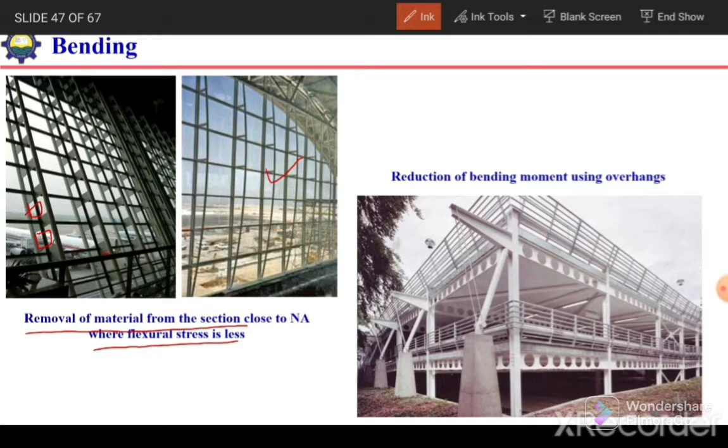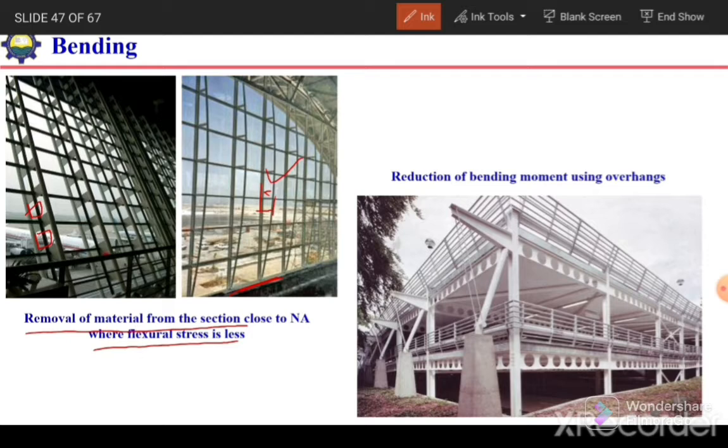At the supports the bending moment is 0, so we can reduce the depth, and as the bending moment keeps increasing toward the center, we keep the material away from the neutral axis. On the tension side, for steel, we can use a smaller section, smaller cables, and in the portion where compression occurs, we need a larger section to avoid buckling as well as instability due to local buckling.